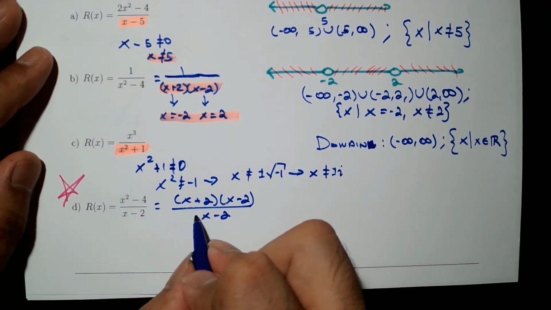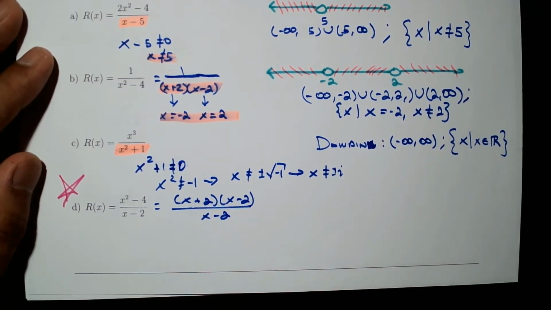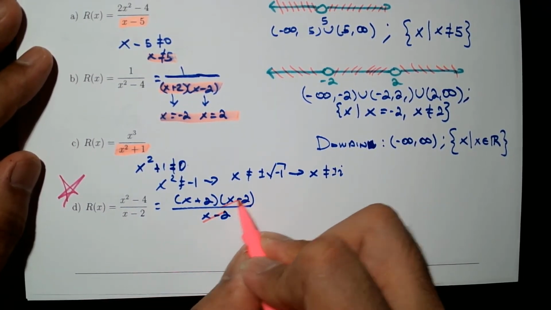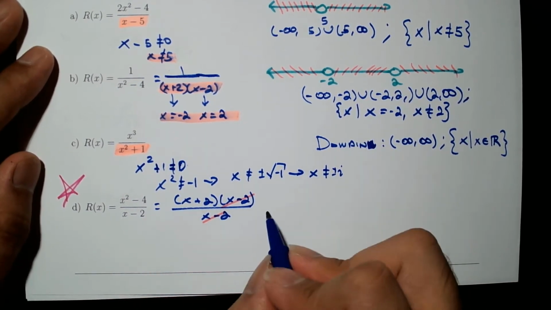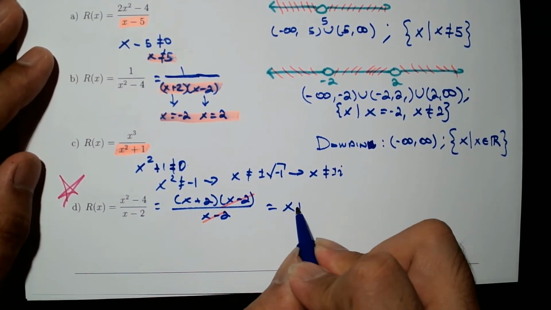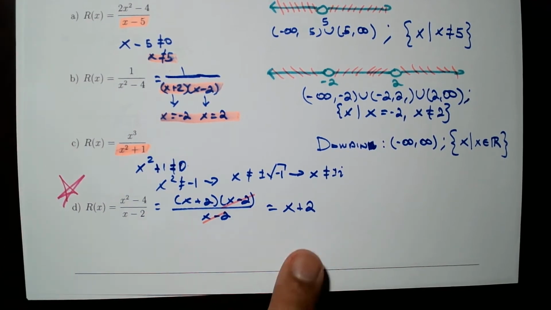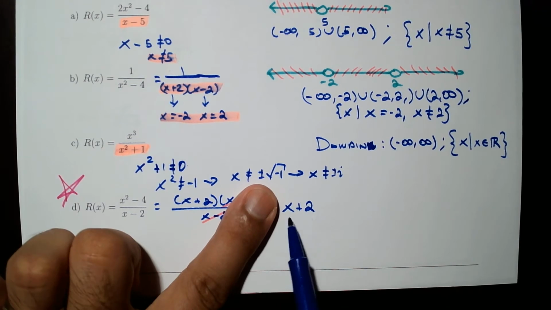You are going to notice something interesting: the x minus 2's divide out, and we are left with only x plus 2. When you simplify the function, you get something with no more denominators.